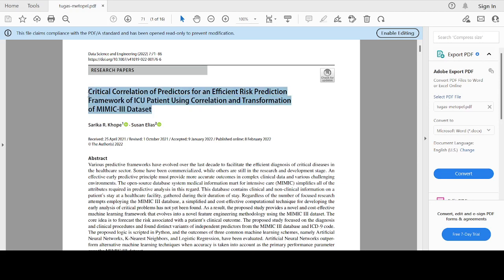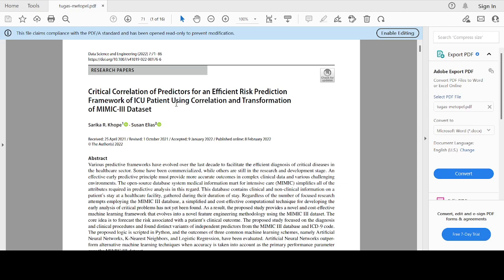Based on my understanding of this title, it probably adjusts or transforms the dataset so it can be used to get predictor correlations, to get an efficient risk prediction for ICU patients.